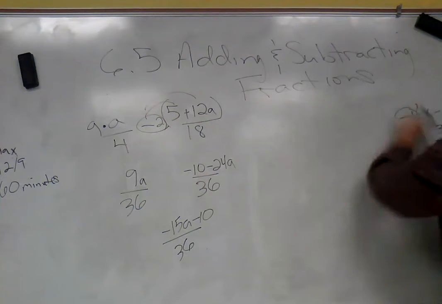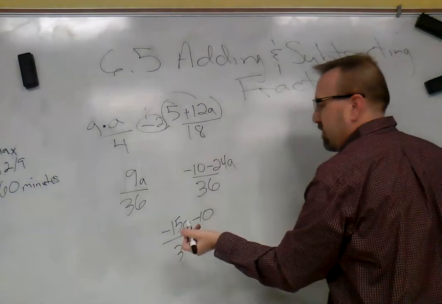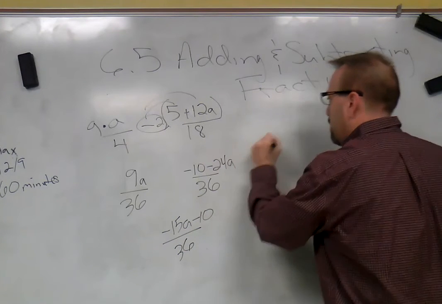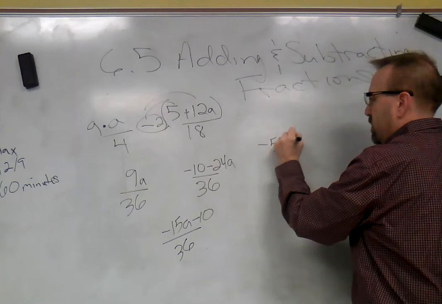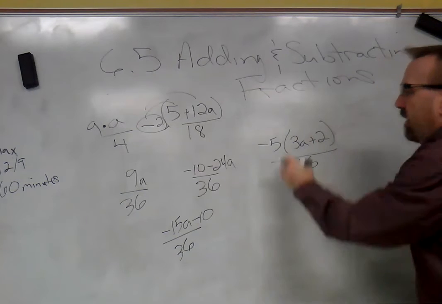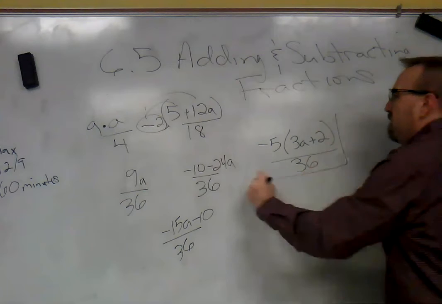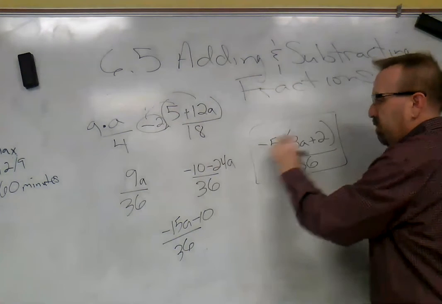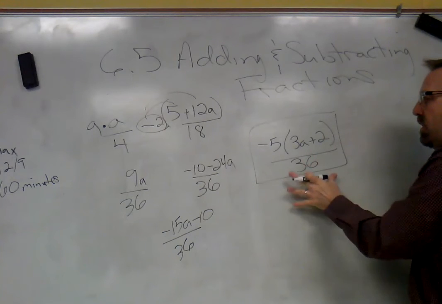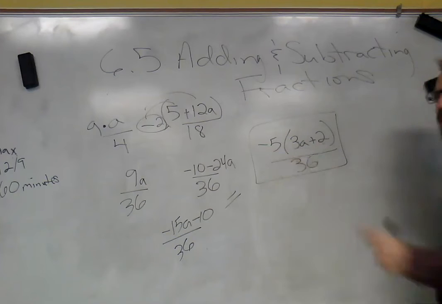Anything common in those top 2? Let's go with -5 too. Really, it won't matter, but so we have -5, we have 3A plus 2 over 36. Can we simplify it at all? No, but I would leave it that way. Part of why you make sure you factor out is because often you will be able to simplify. So this would be our final answer. These two aren't really any different, but this tells us exactly if we are done or not.